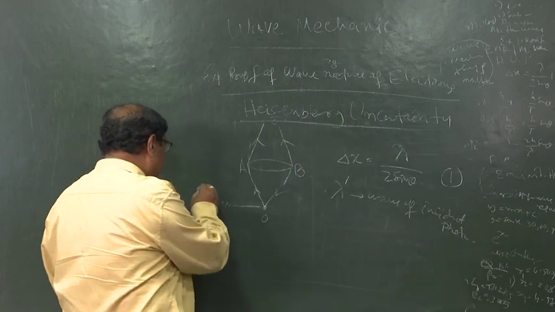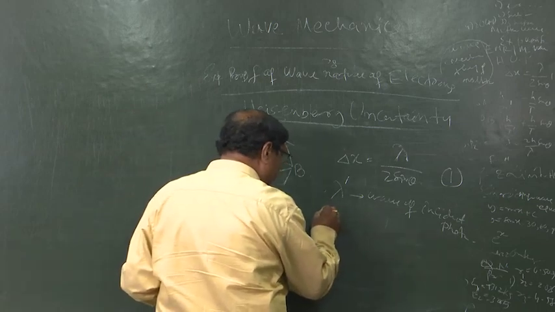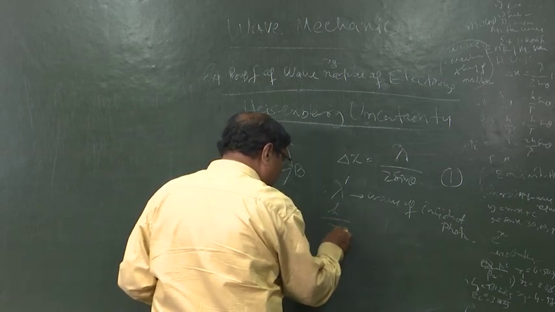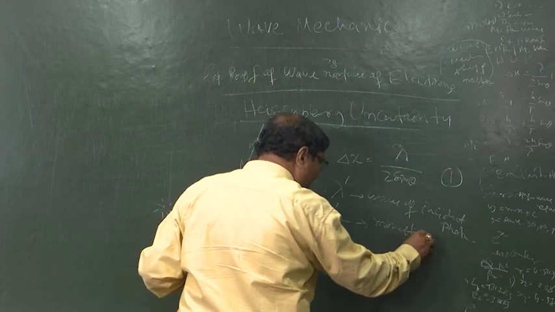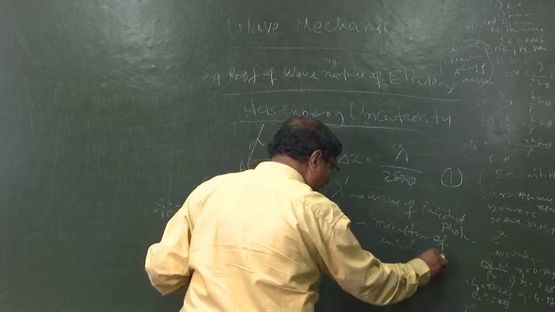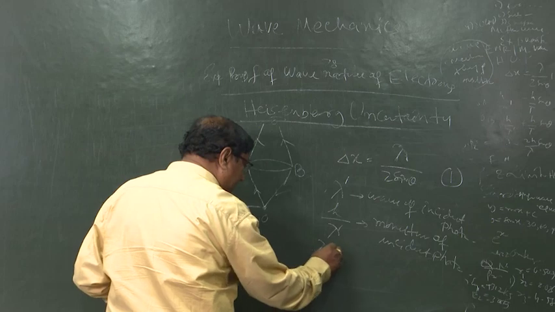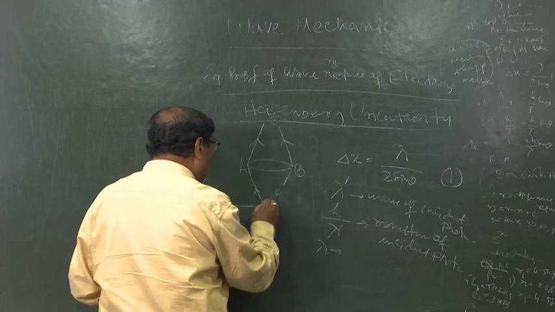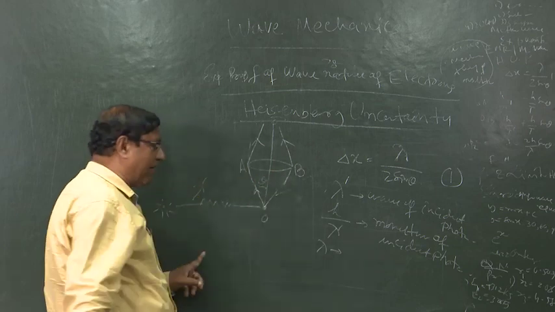Let lambda dash be the wavelength of the incident photon, so its momentum is h by lambda dash. Let lambda be the wavelength of the scattered radiation, which makes an angle theta with the axis of the microscope.